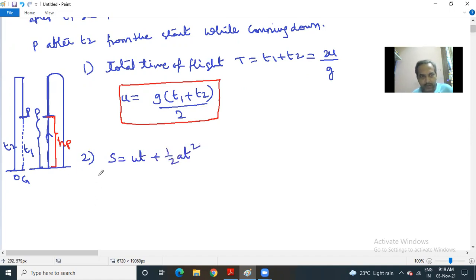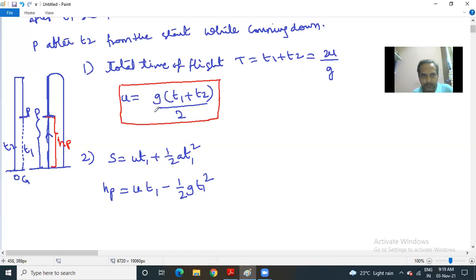So moving under gravity, say S becomes hP. While going upwards, it is positive. U is provided, but this body will come to P after t1 seconds from the start, so you treat this as t1. Going upwards, a is permanently negative, so minus half g t1 square.